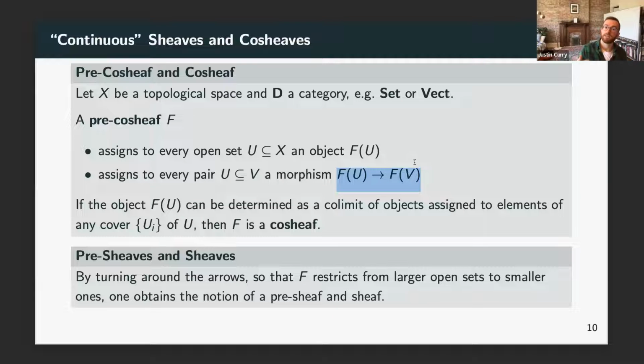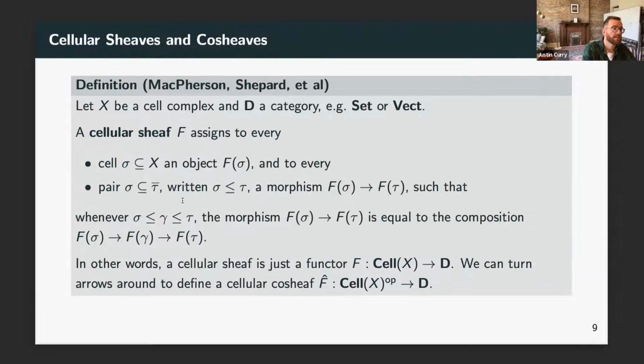Now, the requirement to actually be a cosheaf is that if I want to understand this object on, let's say, a big open set, I can first take a cover by smaller open sets and then glue together the data assigned to those smaller open sets, and I can get back this object on the bigger open set. Now, you'll notice there was no gluing axiom in the earlier definition of a cellular sheaf.